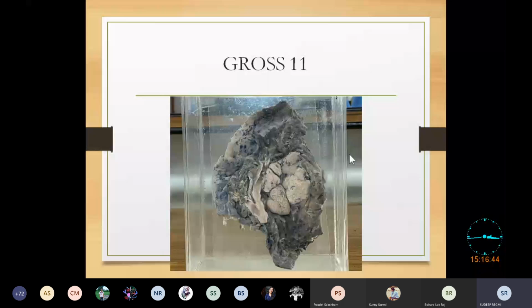Okay, there is lung parenchyma with a bronchus here. You see this? This is a cut section of a bronchus. And in close proximity of this bronchus, there is an irregular gray-brown mass.